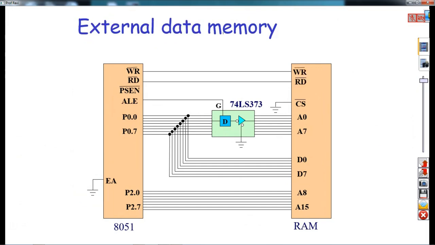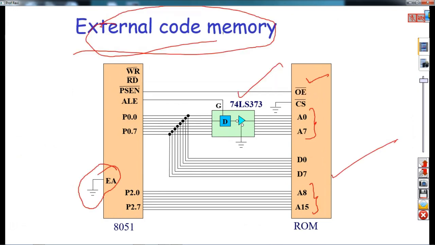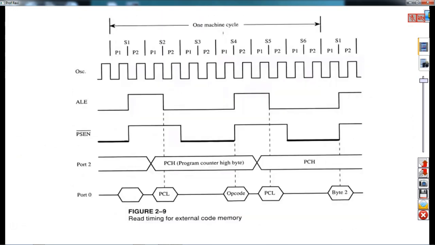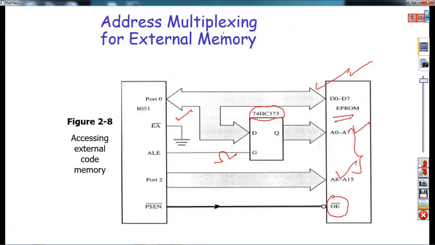This is data memory, RAM, and this is ROM, and this is the EEPROM connection with your 8051. When your data is more than the 4K of the 8051, then externally we will be connecting EEPROM, ROM or RAM.